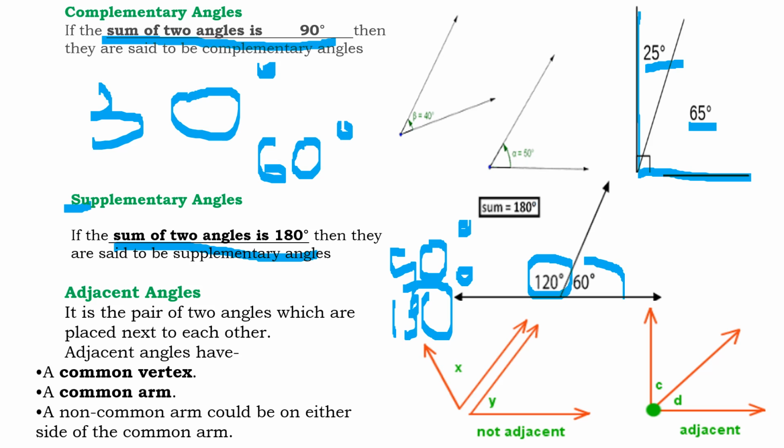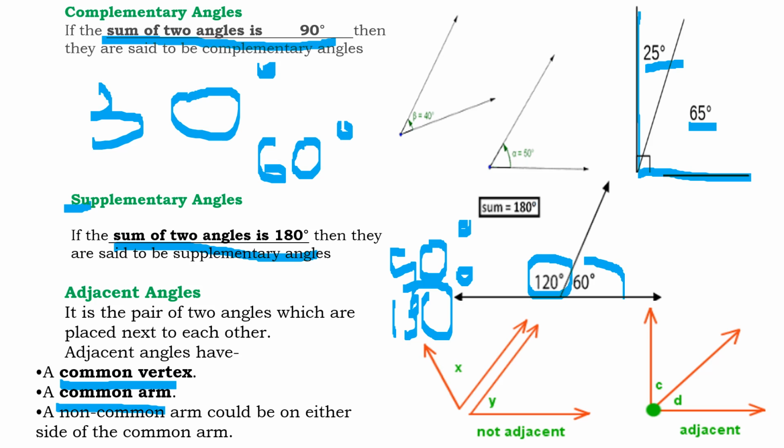Okay. Now moving on to adjacent angles. Adjacent, in simple words, are your neighbors with whom you are sharing one of the walls. Or in your school you must have seen your classrooms where one of the walls is shared between two classrooms. Same way, it is a pair of two angles which are placed next to each other. Adjacent angles have a common vertex, a common arm, and a non-common arm which could be on either side of the common arm.